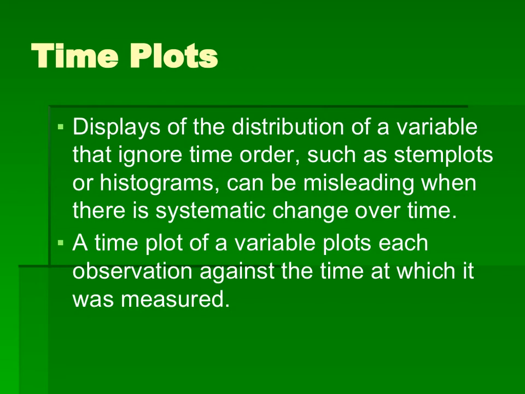A time plot is best used when we're trying to see if there is some type of systematic change over time, where our other graphs really kind of ignore that time order. So that's kind of a downside to those.